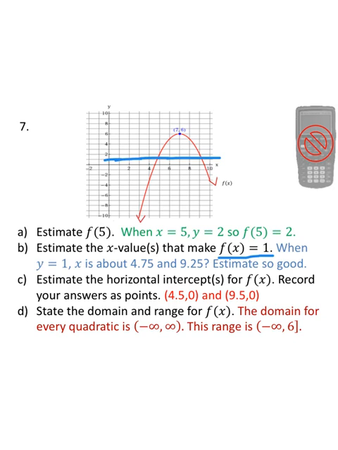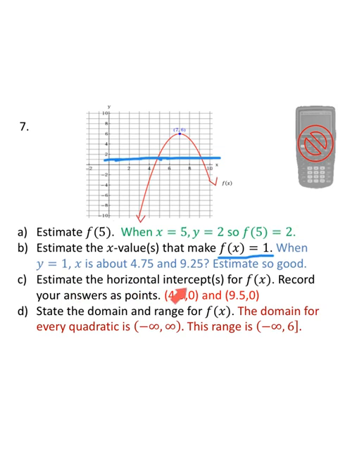It looks like we're about 4.75 and about 9 1/4. Close enough is good enough. It does say the word estimate, so I would estimate 4.75 and 9.25.